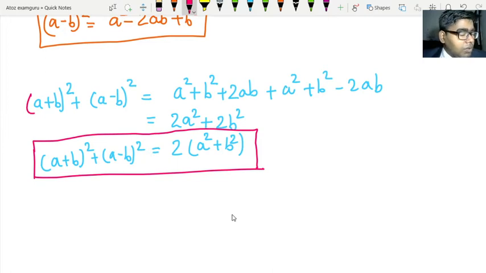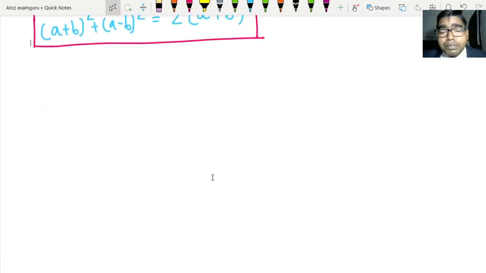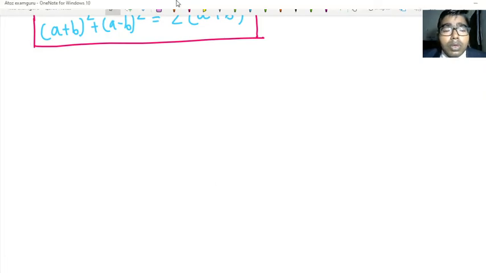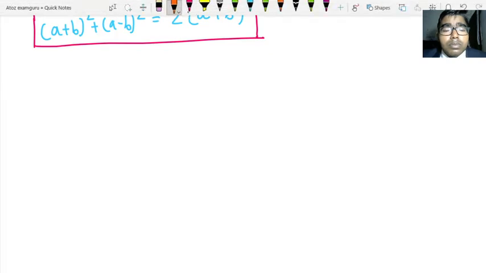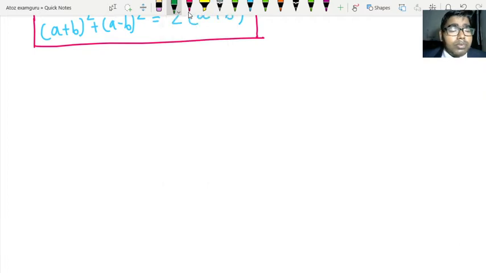Now what will happen if you subtract these two, right friends? So let us see these things also. So now we will see what will happen if you subtract these two.